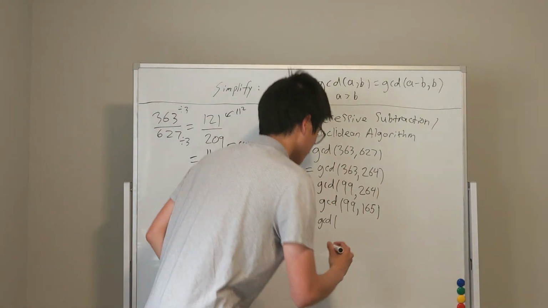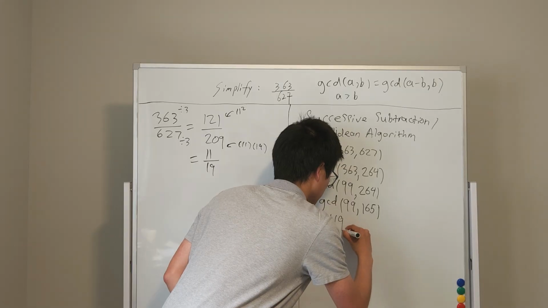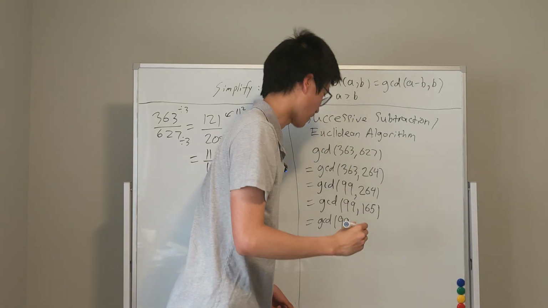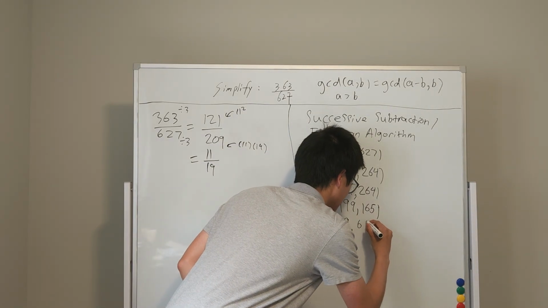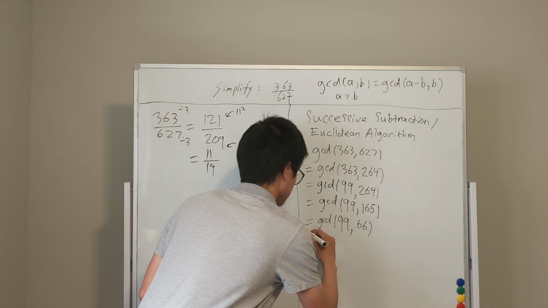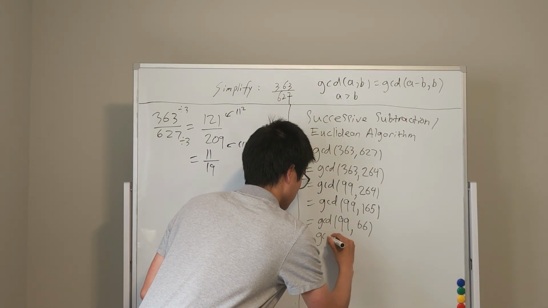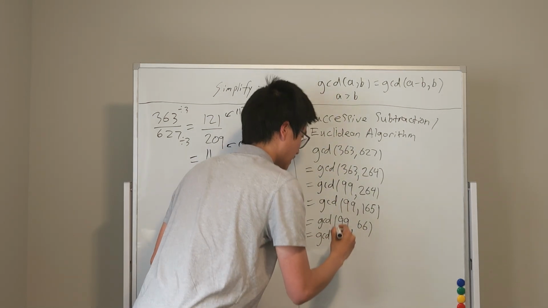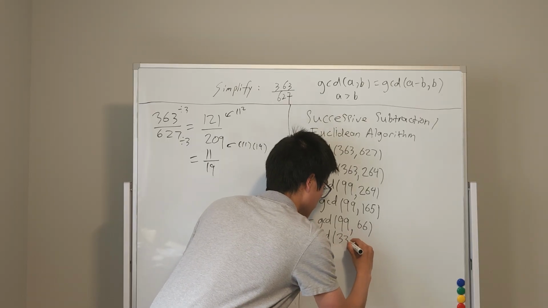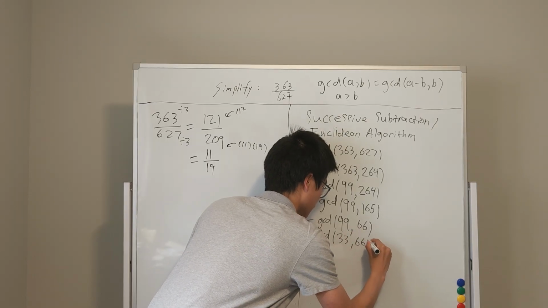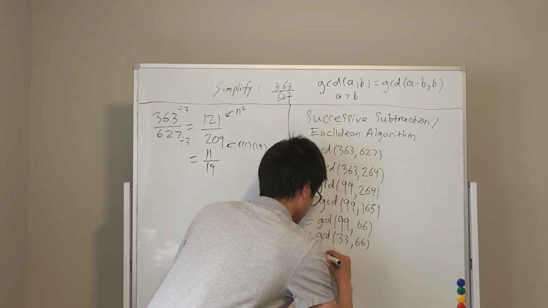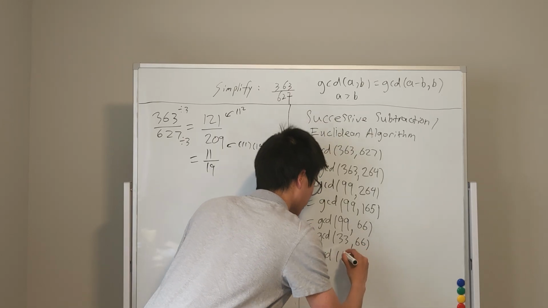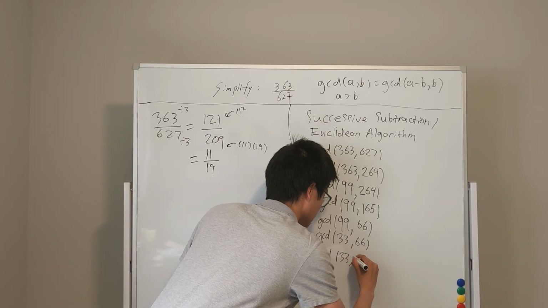We'll do the same here. So 99 goes here. 165 minus 99 would be 66. And 99 minus 66 is 33. And finally, after subtracting 33 from 66, you get 33 and 33, so the GCD.